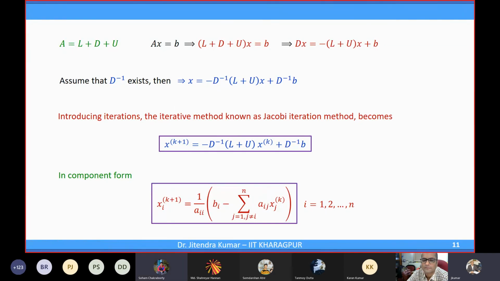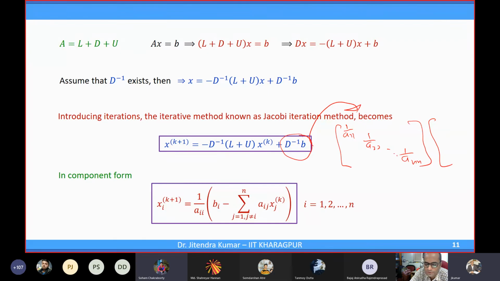Sir, can you explain the component form once again? Yes. If you have this D inverse, what is D inverse? D inverse is 1 over A11, 1 over A22, up to 1 over Ann. This is your D. What is your B? B is B1, B2, up to Bn.